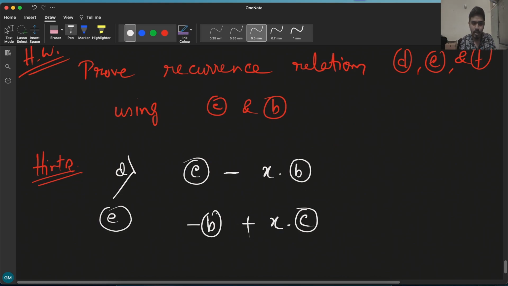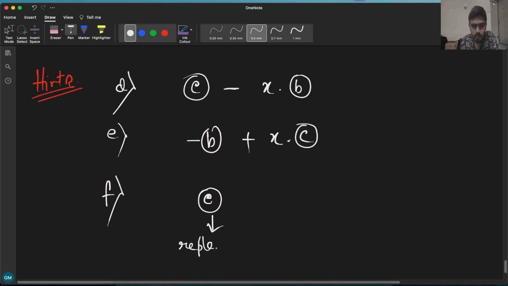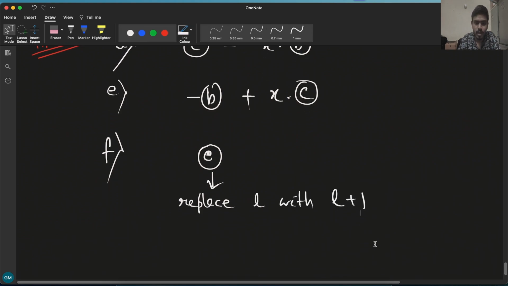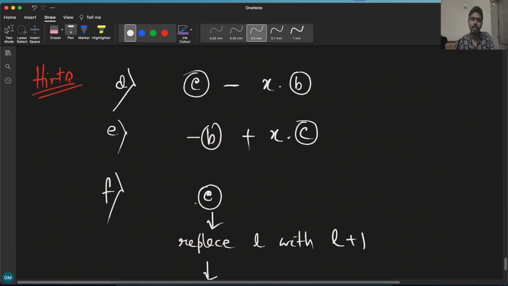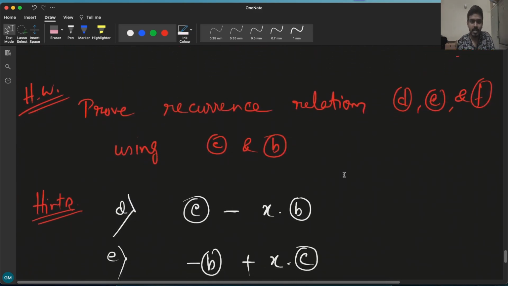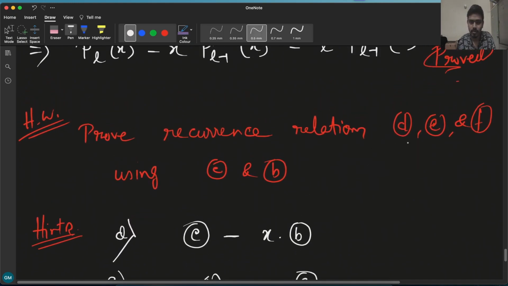I am writing B with a circle, which means it's a recurrence relation. And to prove recurrence relation F, take recurrence relation C, replace L with L plus 1, and then add it with B, then you will get recurrence relation F. So these are the hints, and I think you can very easily derive them. These are very easy derivations.